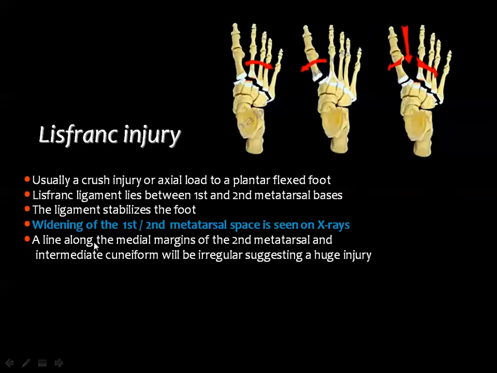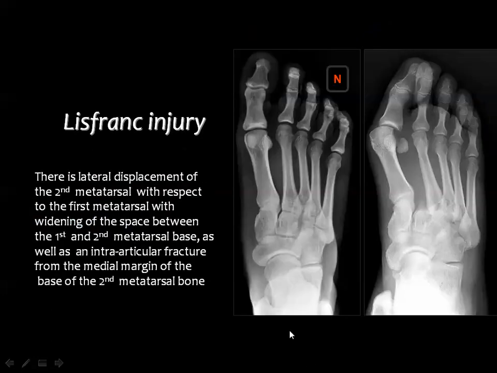When you draw a line along the medial margin of the second metatarsal and the middle cuneiform bone, this line will be smooth in normal conditions. This is the second metatarsal bone. This is the middle cuneiform bone. If you draw a line like this, it will form a very smooth curve.